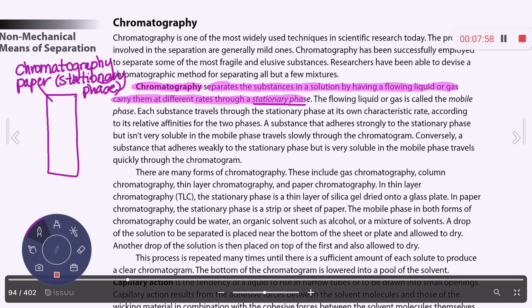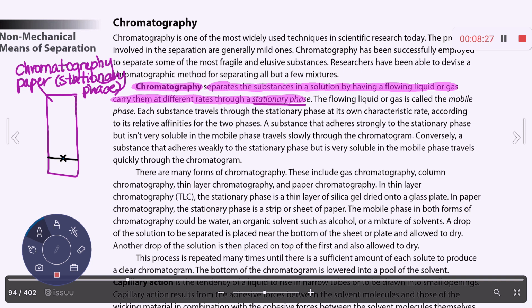Okay, and then what we do is we put a little pencil mark across a few centimeters up from the bottom of that piece of paper, and then we will sometimes label with an X where we're going to put our sample. You always want to use pencil rather than pen because pen could smear, whereas graphite in the pencils does not.